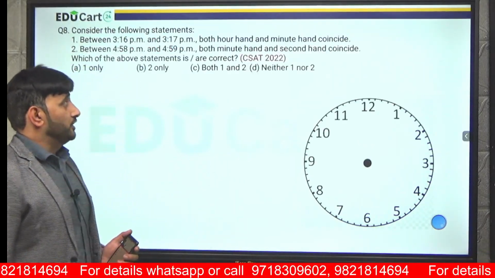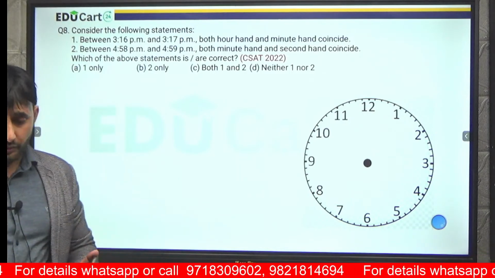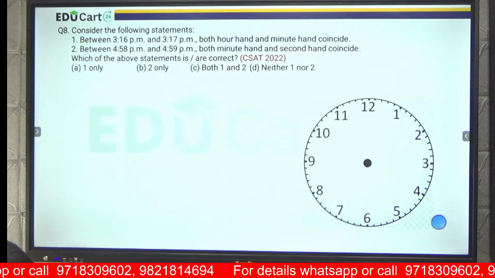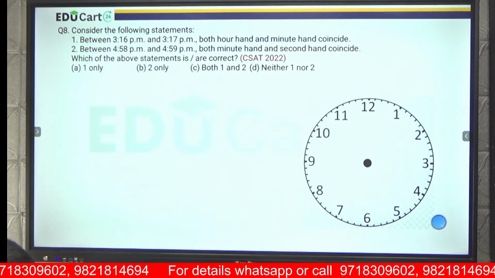Please attempt this question. This is CSAT 2022 paper.